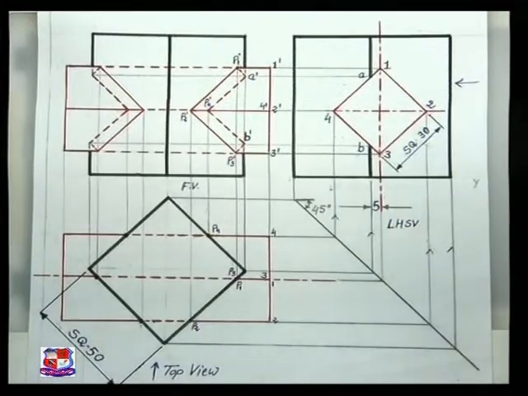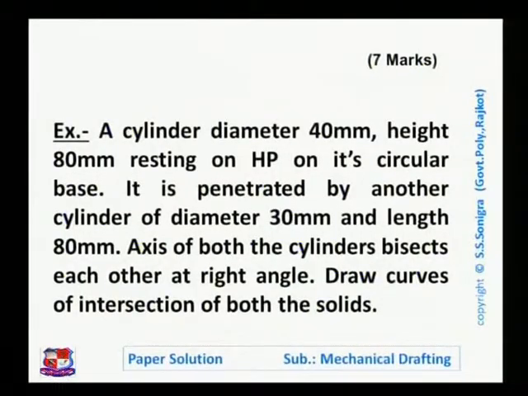A cylinder of diameter 40 mm, height 80 mm, is resting on HP on its circular base. Here the cylinder is given, with diameter and height given to us. It is resting on HP on its circular base. The cylinder is penetrated by another cylinder of diameter 30 mm and length 80 mm.